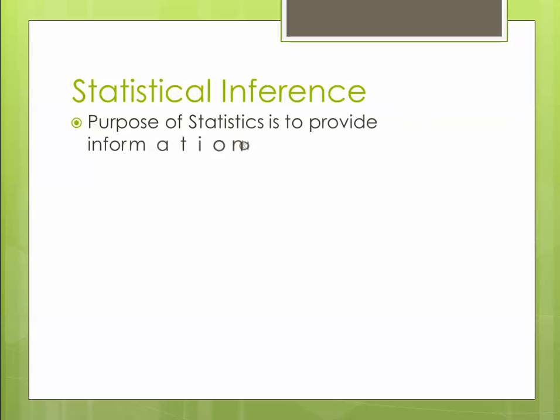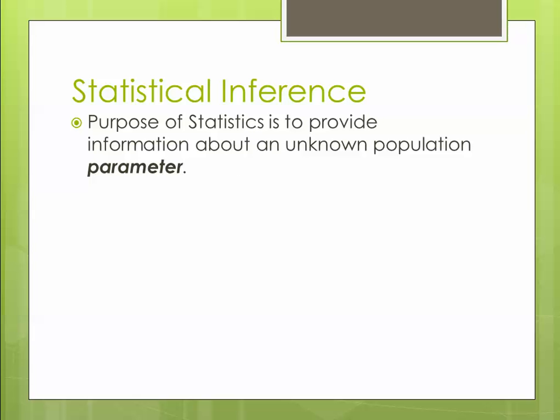Well, the purpose is to provide information about an unknown population parameter. A mean or a population proportion are the ones that we're going to work with in this course. But it's impossible to ask every single person in the population, usually, about something.